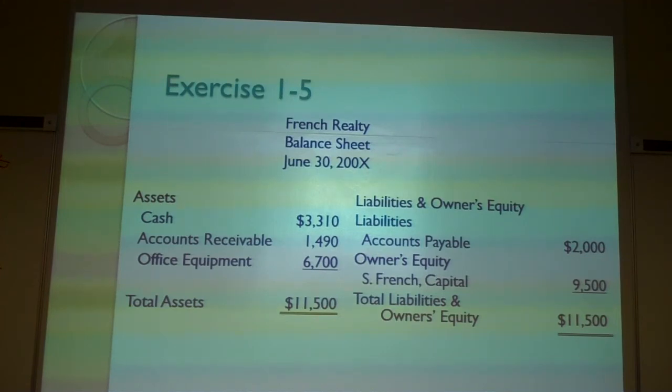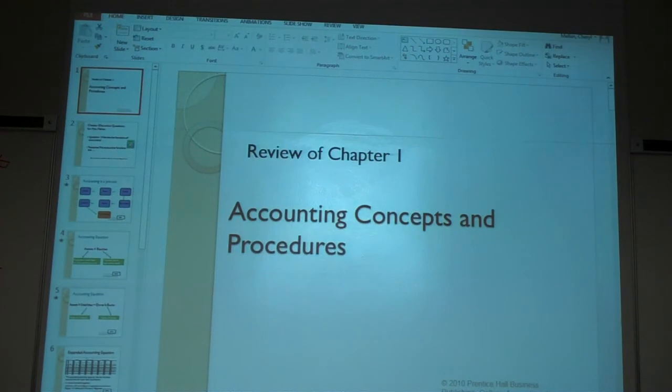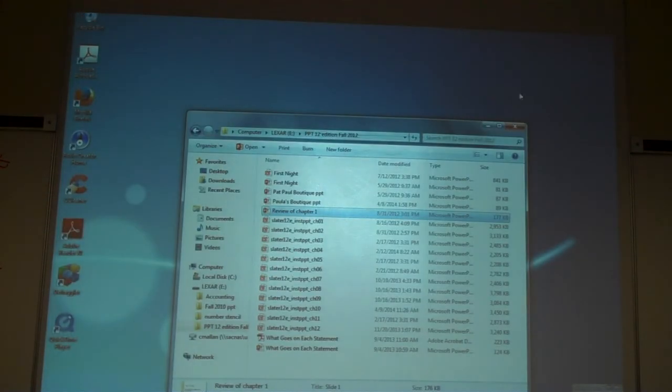Income statement, ICE: income, cost, expense. Balance sheet, OUT: assets, liability, proprietorship. And in chapter 1, I think I had the picture of the mnemonic in the PowerPoint.